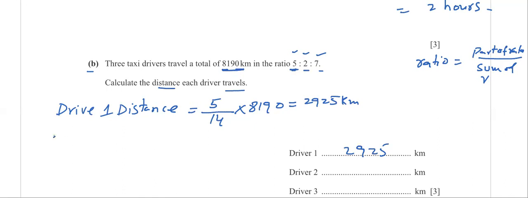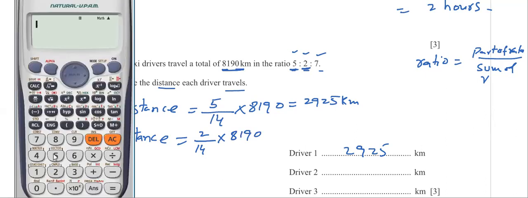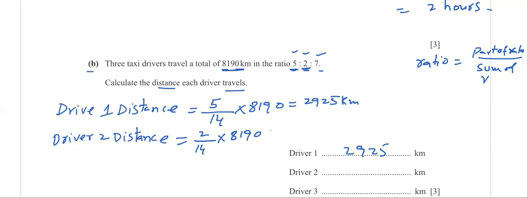Now what will be the distance for driver number two? This will be its ratio divided by sum of the ratios multiplied by total distance. So that will become 2 over 14 multiplied by 8,190, so 1,170 kilometers.